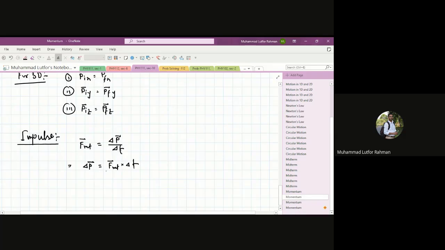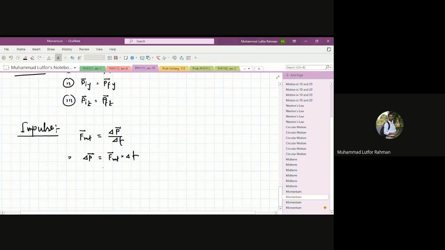When a particle moves and interacts with a second particle for a very short amount of time, and then they separately move after the impact, there will be some change in the momentum.